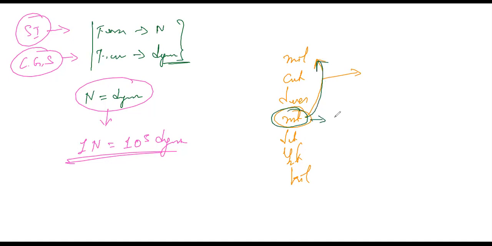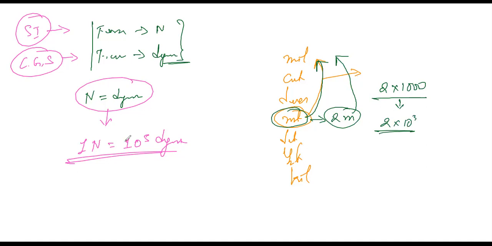Suppose it is given as 2 meter, and 2 meter has to be converted into millimeter. You will multiply 2 with 1000. So could I say it is 2 into 10 to the power 3. In the same way, you can write 1 meter equals 10 to the power 3 millimeter.